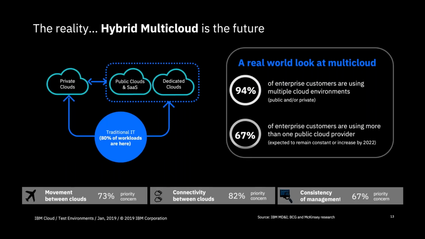So what we determined here is that IBM commissioned a study that revealed that the top 3 concerns of enterprises moving to the cloud are movement of workloads between clouds to quickly respond to changing business conditions, emerging opportunities, and evolving regulatory requirements.